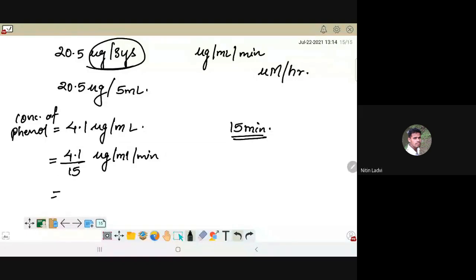Can you do that division and tell me the value? 0.273, 0.27. So this will be one way of expressing my enzyme activity in micrograms per ml per minute.